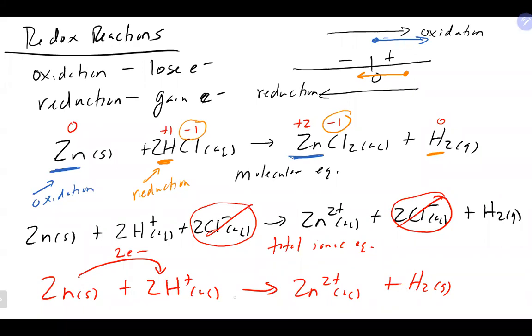Is really what's happening. Zinc going from 0 to +2 being oxidized, hydrogen going from +1 to 0 being reduced. So this is a net ionic equation here. Questions on any of that there?